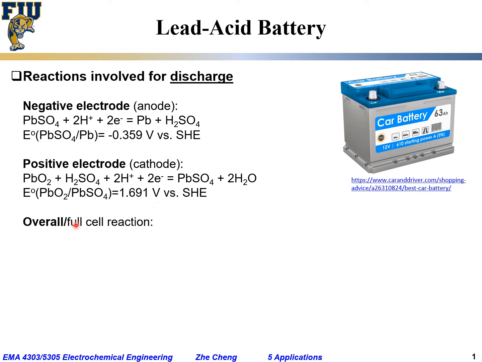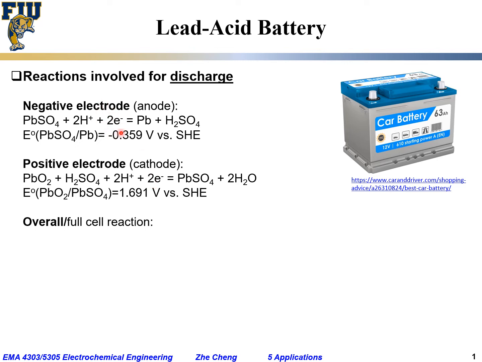Okay, and the overall or full cell reaction, remember, to go from half cell reaction to full cell reaction, we would like to eliminate electron. This has 2 electron, but this one has 4 electron. We have to multiply the top by 2 and then do subtraction or addition, depending on how you do it.